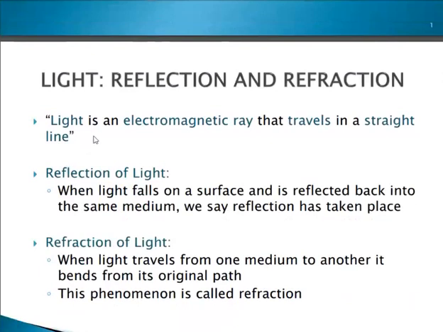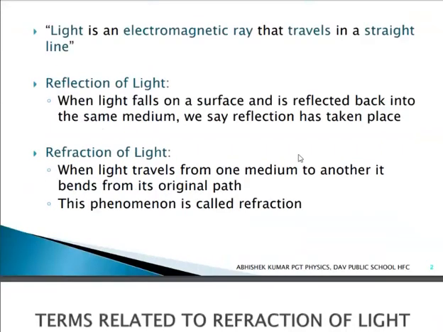I have also discussed that light is an electromagnetic wave or ray that travels in a straight line, and that's why it is called ray optics. This branch of optics is called ray optics or geometrical optics. In this branch, we study two different optical phenomena, reflection of light and refraction of light.